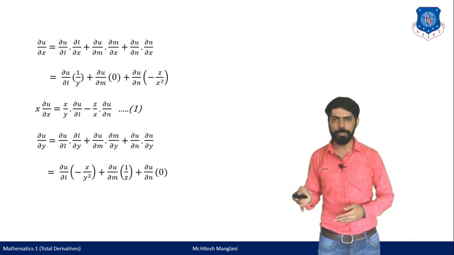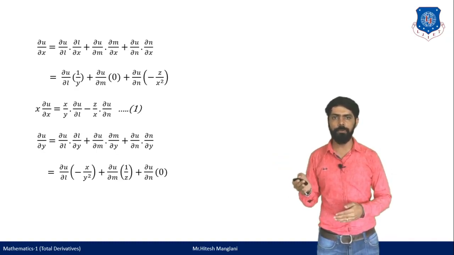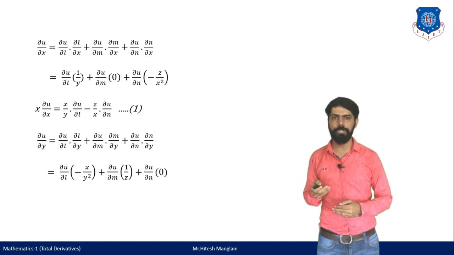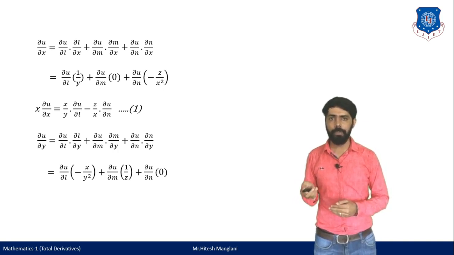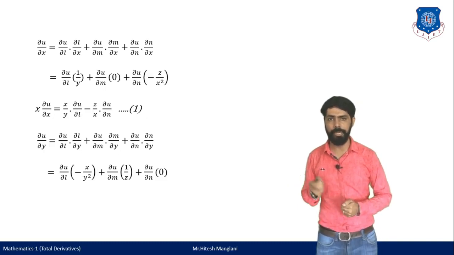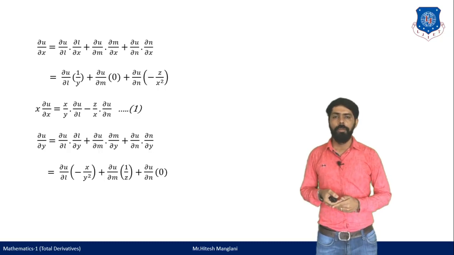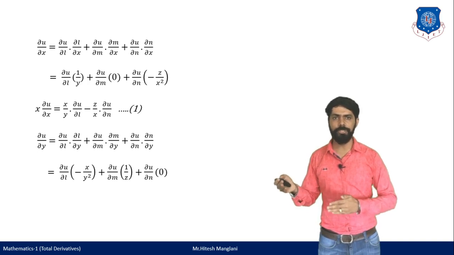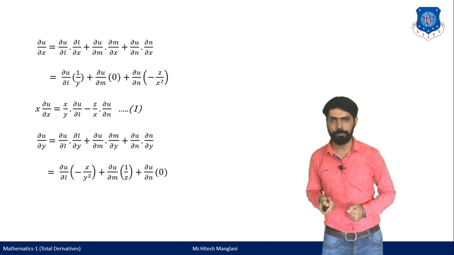Plus del u by del m will be as it is, and we know that m is equal to y divided by z. If we take the partial differentiation of m with respect to y, then it will be 1 divided by z. Now del u by del n will be as it is, and what is n? It is z by x. If we take the partial differentiation of n with respect to y, then x and z are constant, so naturally its derivative will be 0.